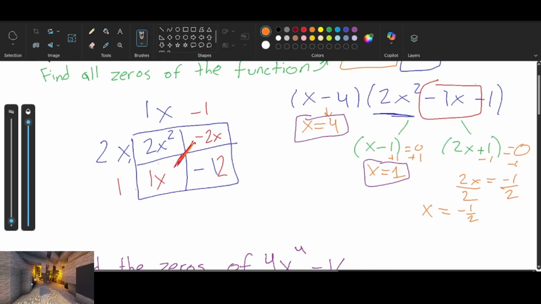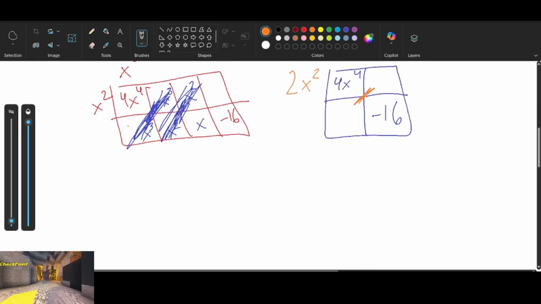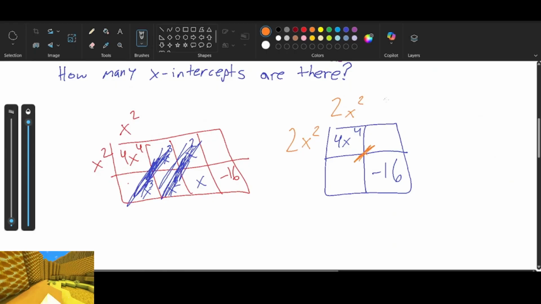And I tried one of the options. Like, you could try a 4x squared times a 1x squared, but it's going to be harder for them to cancel out. So again, it's unfortunate, but there is just some guessing and checking involved.